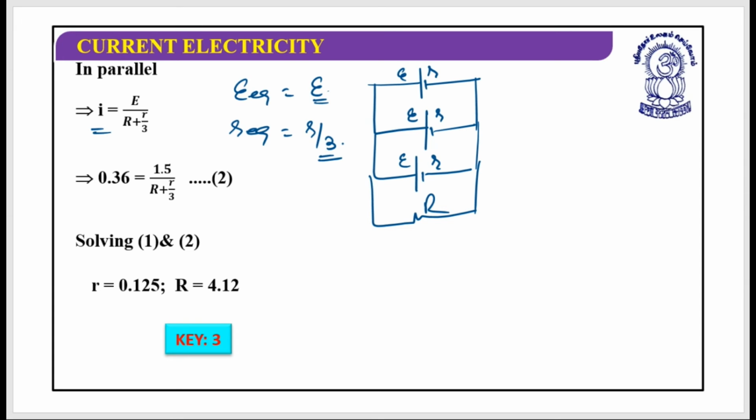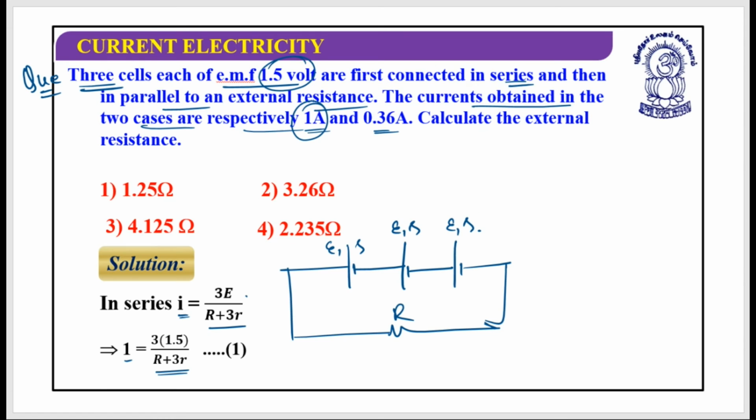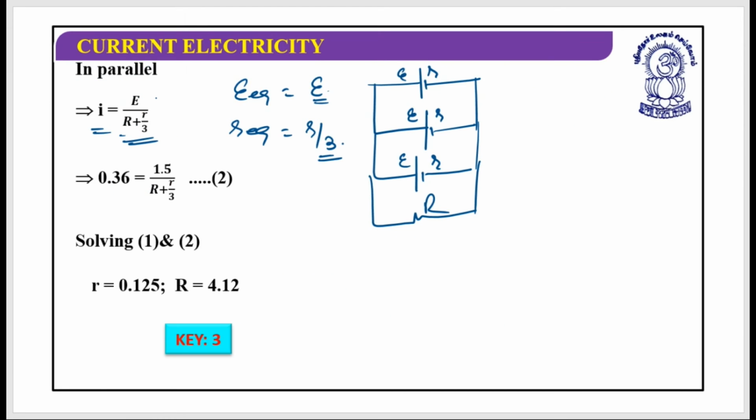So I equals E divided by R plus r by 3, and the current is 0.36 ampere. So 0.36 equals 1.5 divided by R plus r by 3. Now we have two relations and two unknowns. Solve it and this would be the answer.